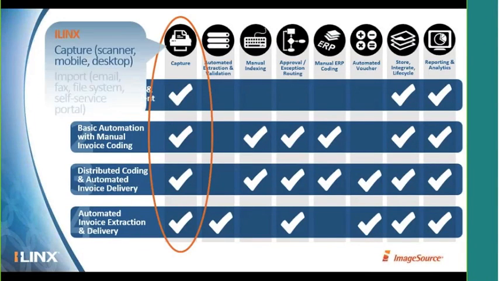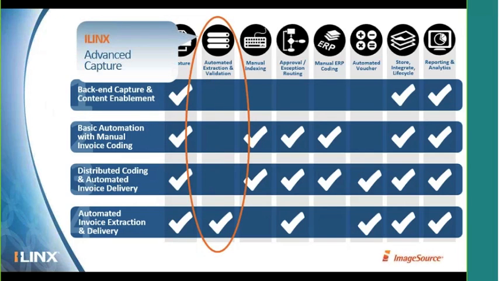So we'll start with Capture here. iLinks Capture can onboard any type of content, whether it's from scanners or iPhones and Androids, from your desktop, including your Microsoft Outlook clients. iLinks Import runs in the background, and it can collect and deliver content from your Microsoft Exchange server, from fax systems, file systems. It can include the public-facing document upload tool that I mentioned earlier. This can be accessed via a standalone web application, or you can integrate it directly into your vendor self-service portal or website.